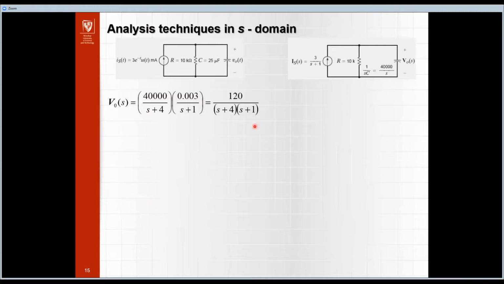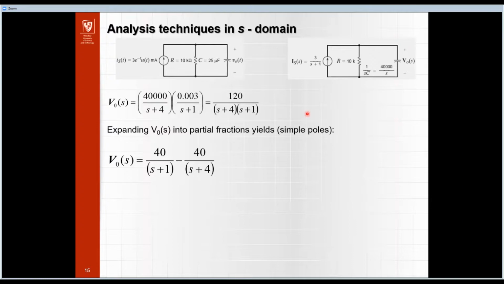And now we can use the known method of expanding this output from S into partial fractions, and we can use the first one, the simple poles method, for this. As a result we have two parts from these equations, so we can just transform to the time domain, and as a result we obtain this part connected with this.